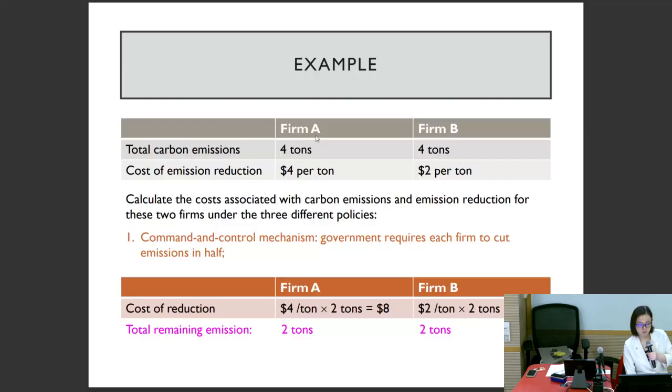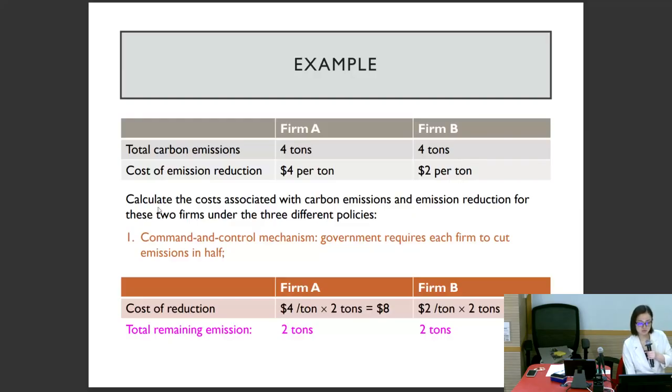If firm A needs to reduce emissions, then for every ton they have to pay $4. For firm B it's cheaper, just $2 to reduce 1 ton of emissions.